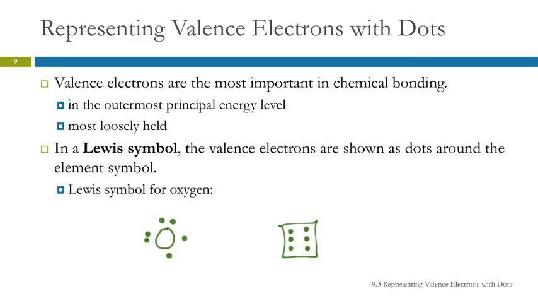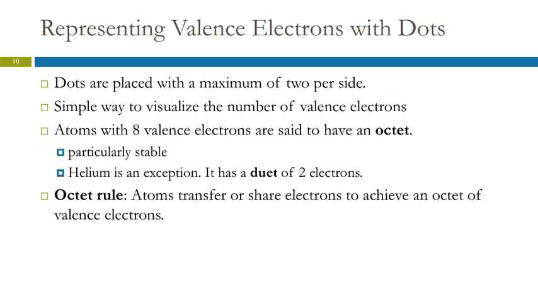So instead of doing oxygen with just a circle of electrons where you're not sure how many there are, we pair them if needed. We've got 4 positions, right and left, top and bottom. That's oxygen. So we put the dots 2 per side, and that gives us a simple way to visualize the valence electrons.